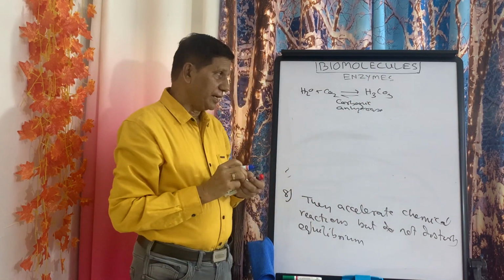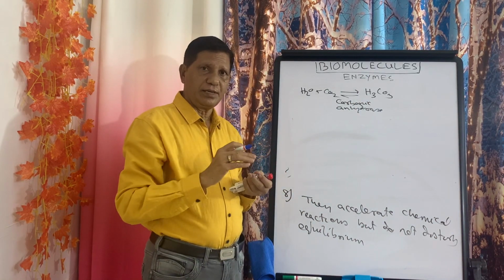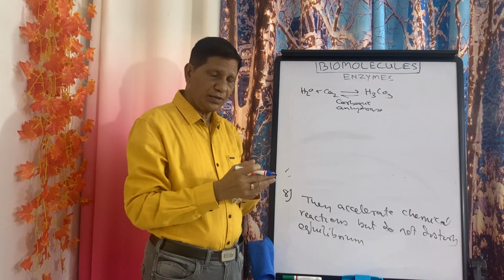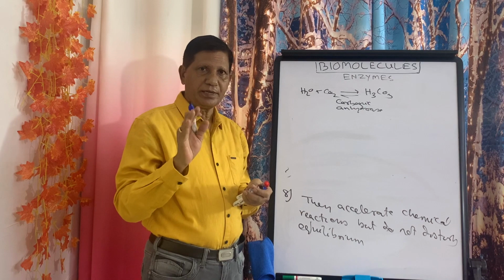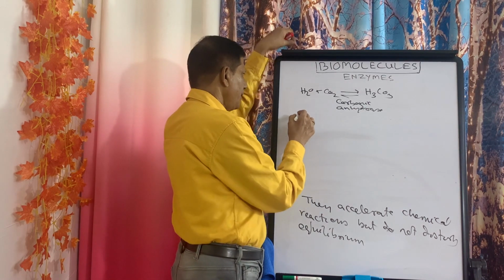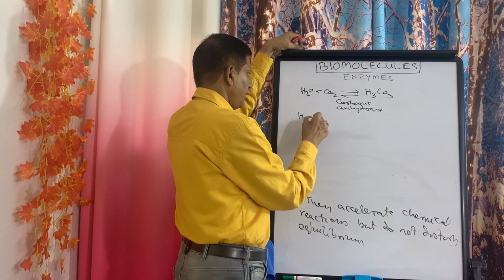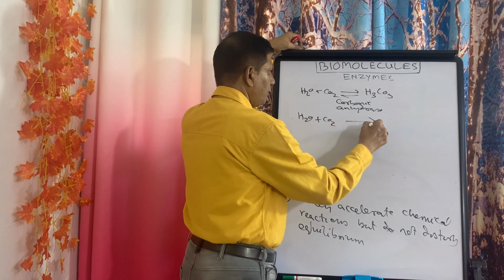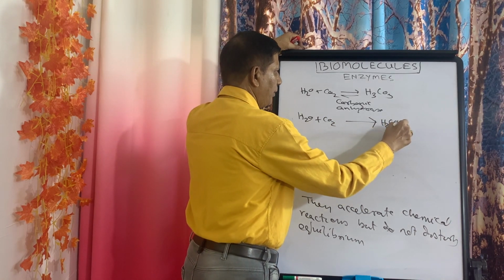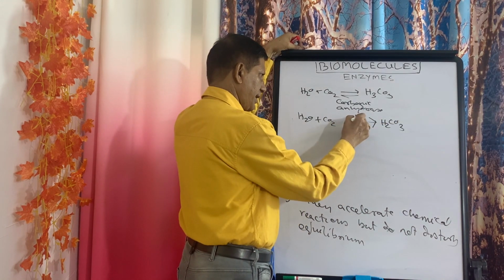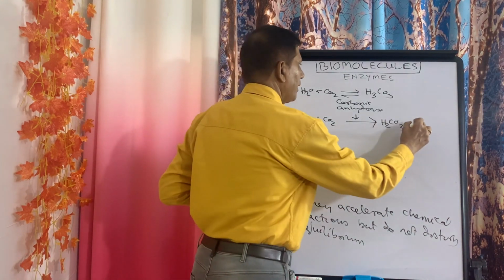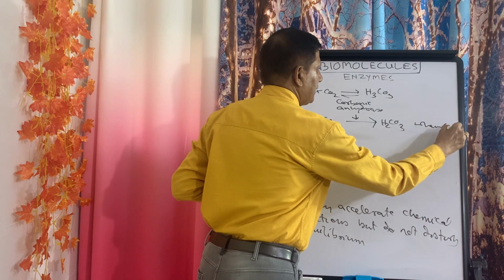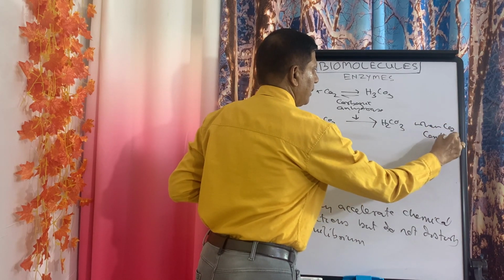So this carbonic anhydrase is accelerating the rate of the reaction both in forward and backward direction, but it will never disturb equilibrium. Suppose water and carbon dioxide combine together to give rise to bicarbonate. Then the same enzyme, when this reaction takes place, when carbon dioxide concentration is high.